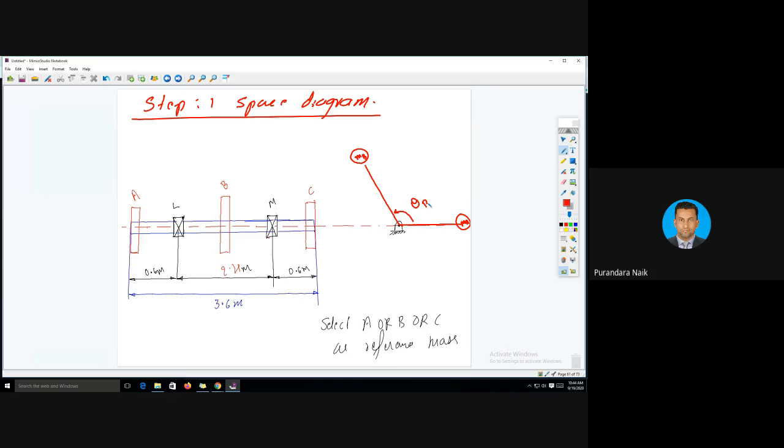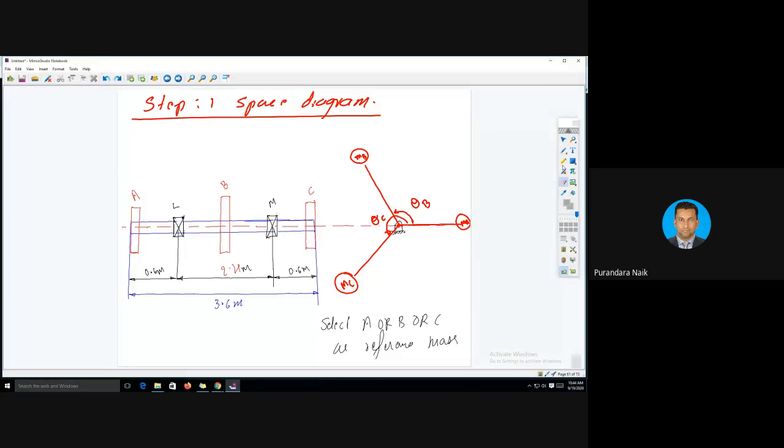Let us take this as theta B with respect to A. MC is also unknown. You can take it somewhere here. That is MC, and the corresponding angle of C is theta C. You can show it with a dotted line.